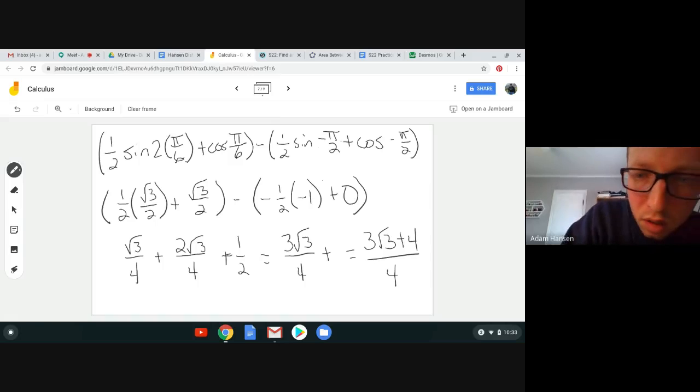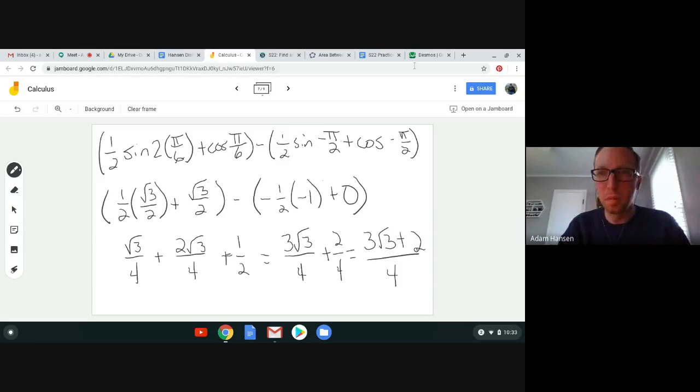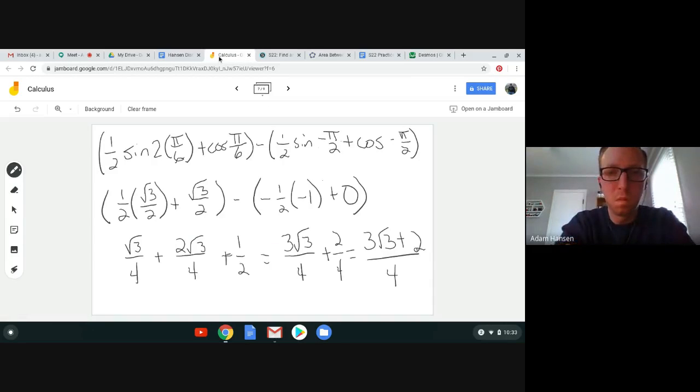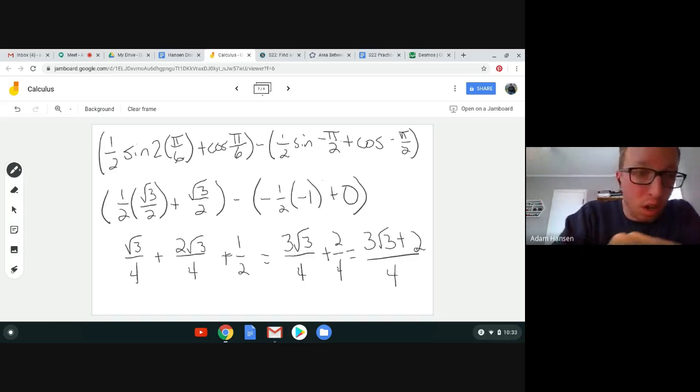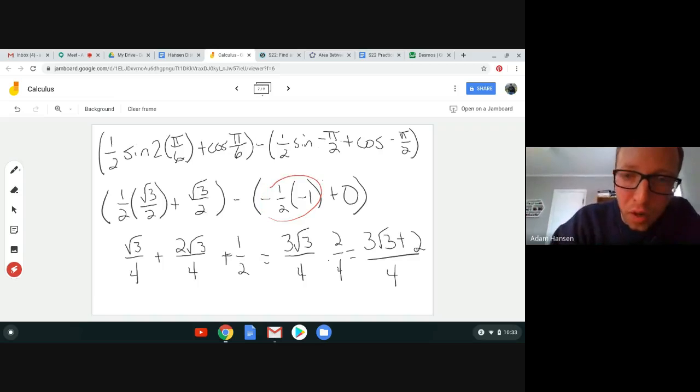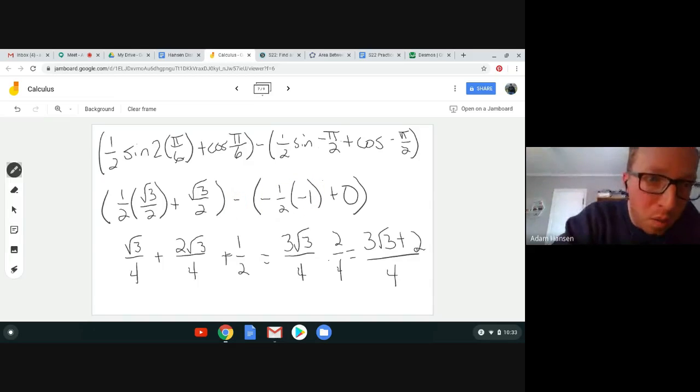Let's call 1/2 2/4. And now this would be our answer, 3√3 plus 2 over 4. And this will work. Or not. What am I doing here? This would be a +1, but now I need to have a -1. -1/2 times -1 is +1/2, but this extra negative right here makes it back to negative.